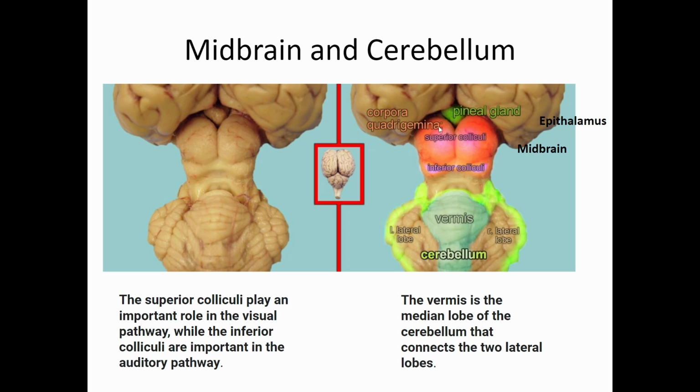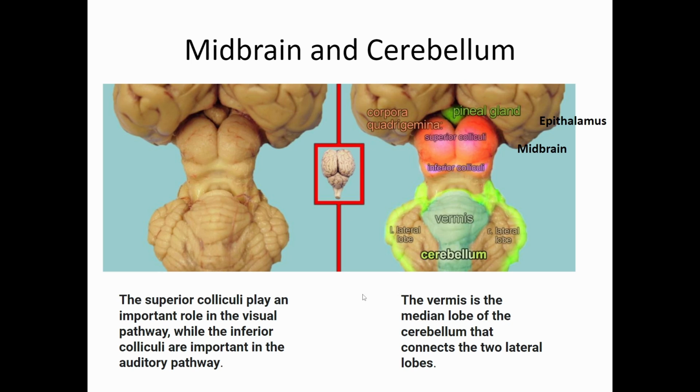The superior and inferior colliculi are where you find the visual and auditory reflex centers of the brain, and they are a part of the midbrain. The collective name for all four bumps is the corpora quadrigemina. And the epithalamus, specifically the part called the pineal gland, would sit just above them.